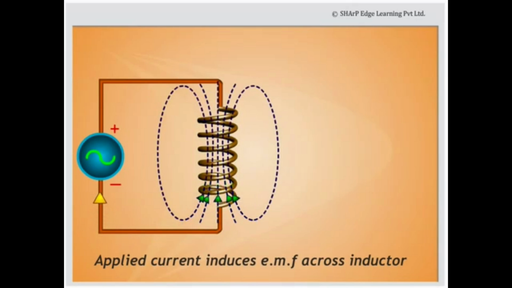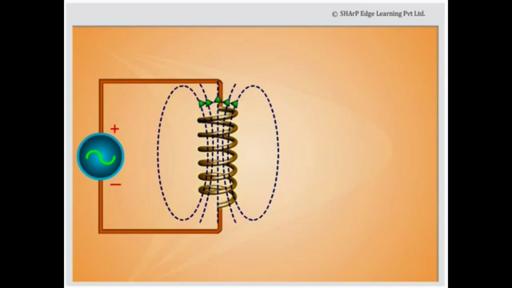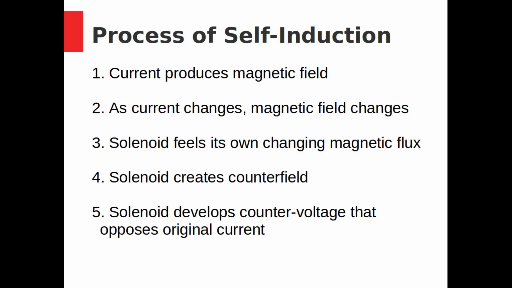The solenoid is not going to feel a changing magnetic flux from some external magnet or from another solenoid, but it will feel its own changing magnetic flux. Now, Faraday's law says that any wire that feels a changing magnetic flux must create a counterfield to oppose the change. So this solenoid here will create a counterfield that opposes its own change in magnetic field.